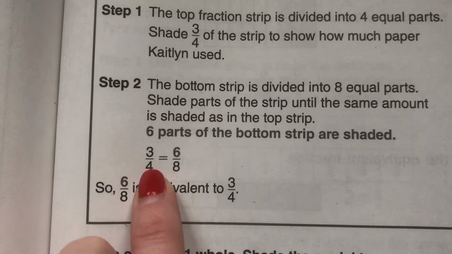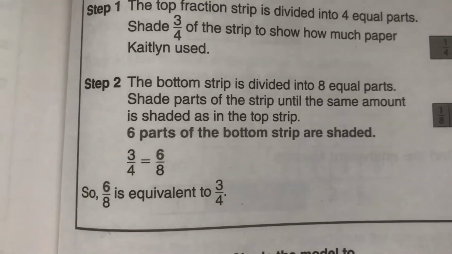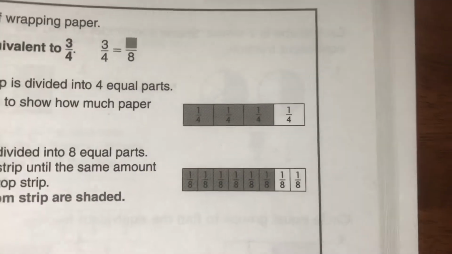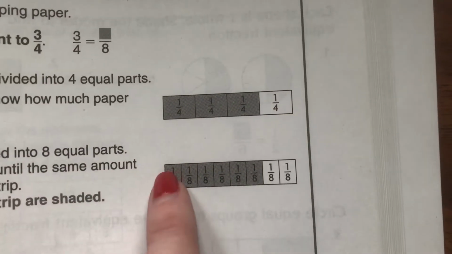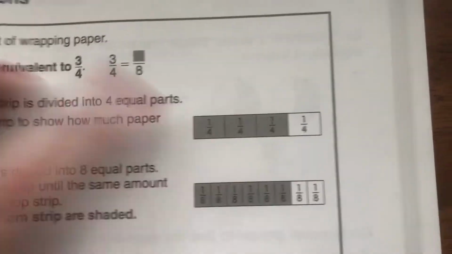So that means 3/4 is equal to 6/8. 6/8 is equivalent to 3/4. So again, they're divided into a different amount of groups, but the same amount has been shaded in both. That gives us the equivalent fraction.